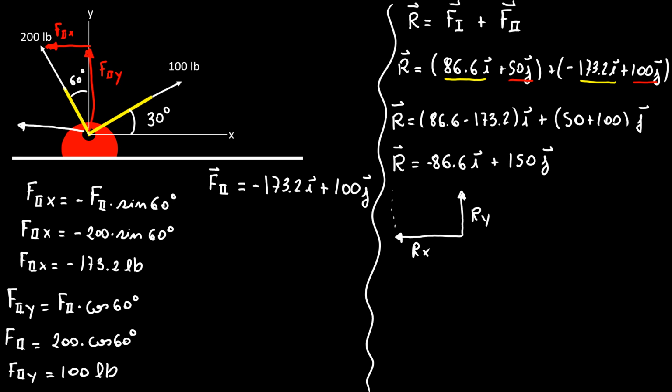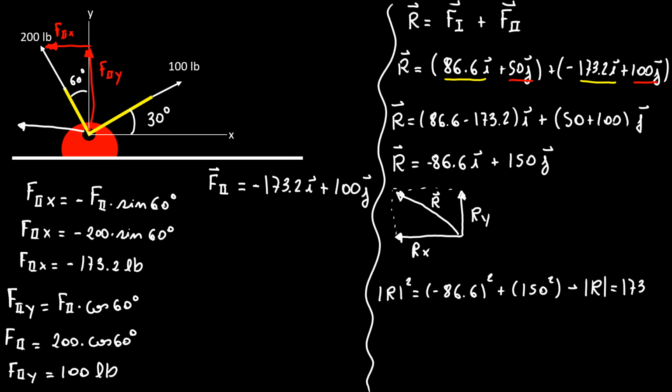Now we're gonna find the magnitude of our resultant force. The magnitude of my resultant squared is equal to minus 86.6 squared plus 150 squared. Now my magnitude of the resultant force is equal to 173.2 pounds.